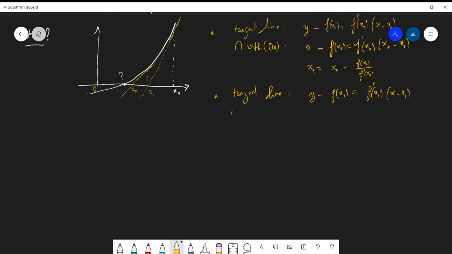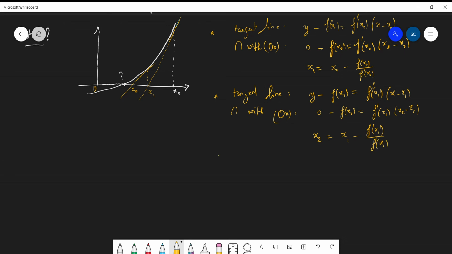The intersection with the x-axis: 0 minus f(x1) equals f'(x1) times (x2 minus x1). Similarly, we have x2 equals x1 minus f(x1) over f'(x1).